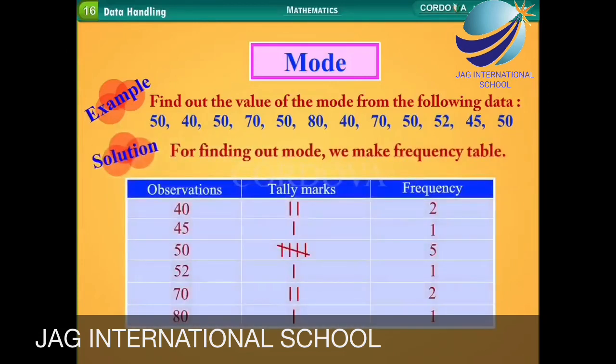Solution. For finding out mode, we make a frequency table with observations, tally marks and frequency. Since the value 50 is repeating the maximum number of times, that is 5, therefore mode is 50.